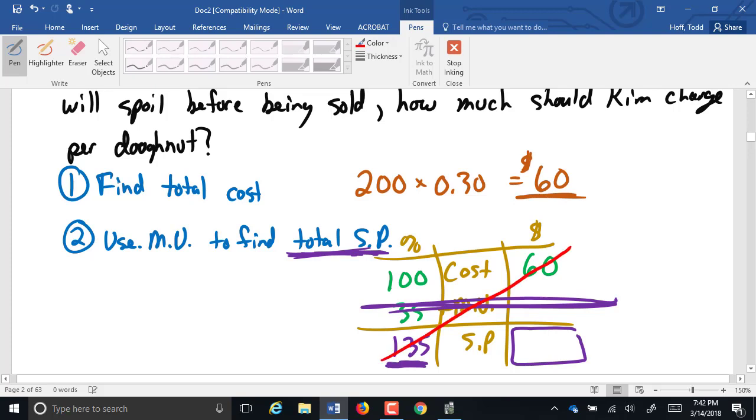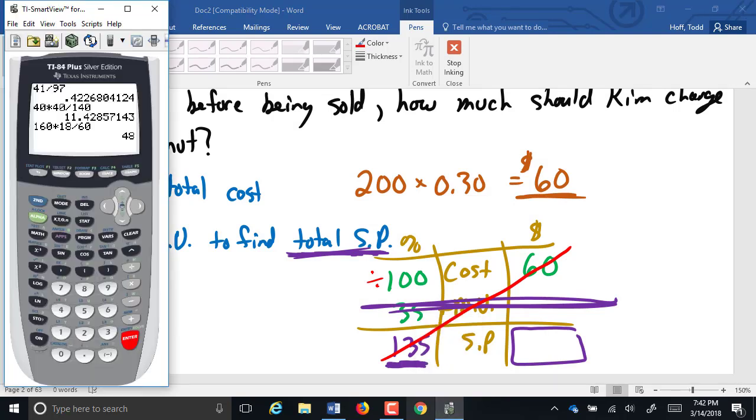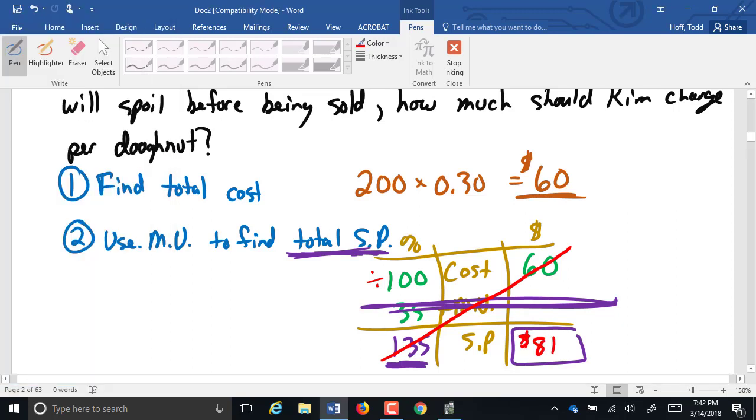Cross multiply. 135 times 60 divided by 100. $81. Any questions so far? So that is the total selling price for that batch of donuts. We need to get $81 out of that.